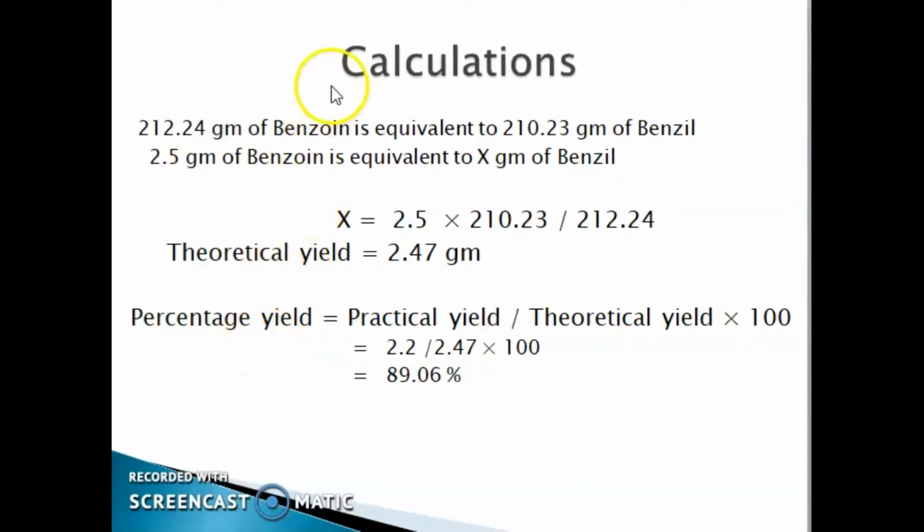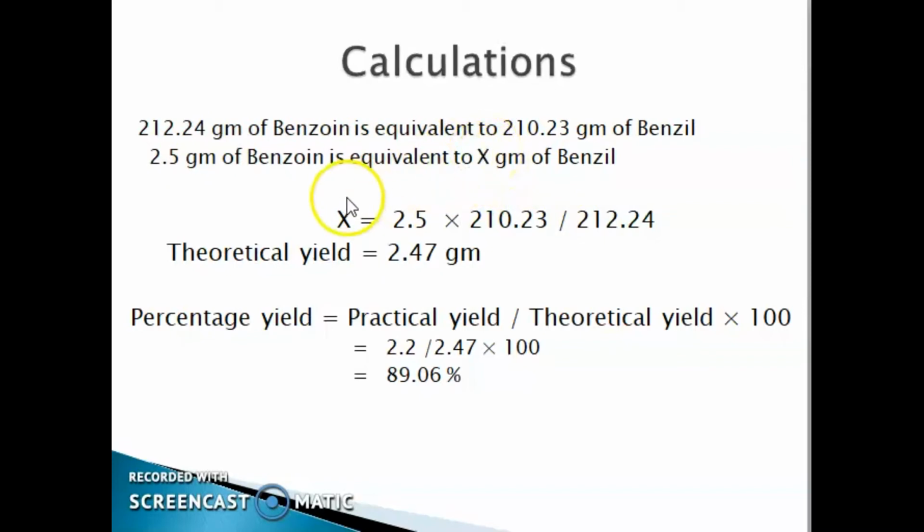Students, now we will see the calculation part of today's synthesis, that is benzil from benzoin. 212.24 gram of benzoin is equivalent to 210.23 gram of benzil. As we have taken 2.5 gram of benzoin, 2.5 gram of benzoin is equivalent to x gram of benzil, and this x will be your theoretical yield.